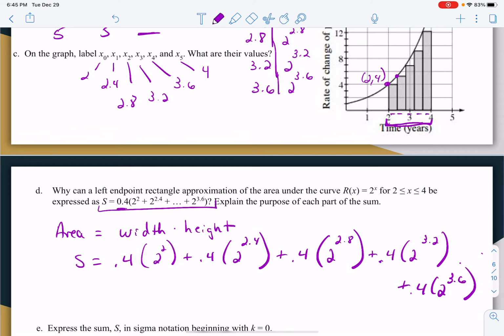So factoring out the 0.4, the sum is equal to 0.4 times the sum of each height.